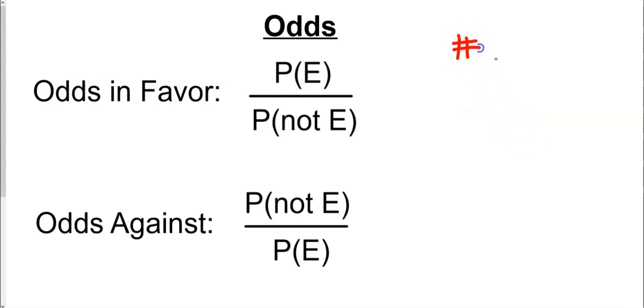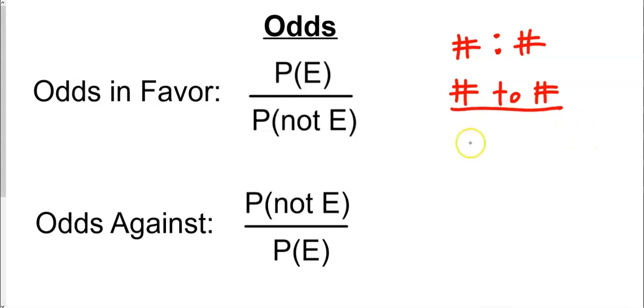Sometimes you'll see them written as a number colon a number, or a number to a number, like 1 colon 2, or your odds are 1 to 2. You hear a lot of people, usually in casinos, say this. For our homework, we're going to stick to the fraction, and again, we always reduce it.